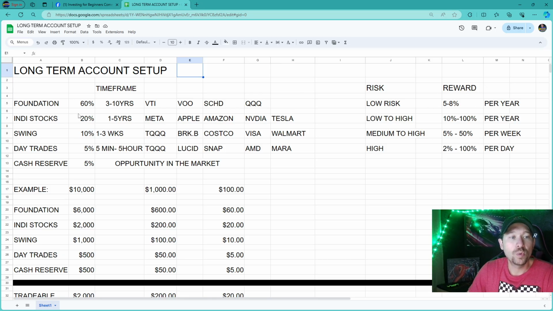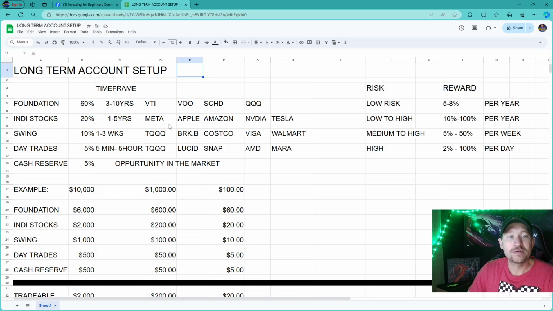Now, 20% of your overall long-term account should be in individual stocks. Now the time frame for that would be around 1 to 5 years, maybe more, maybe less, but 20% of 10,000 would be $2,000. A $1,000 account would be about $200, and a $100 example of an account would be about $20.